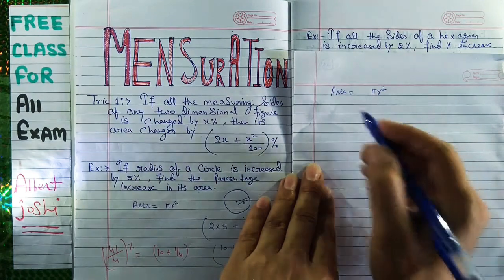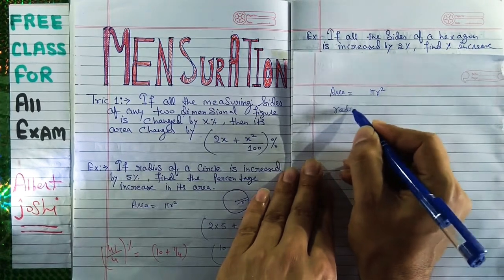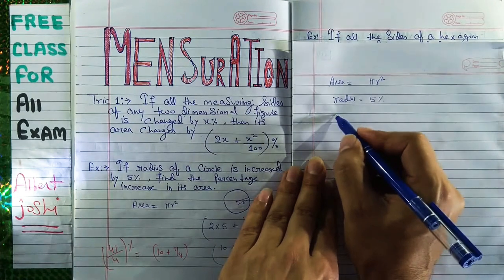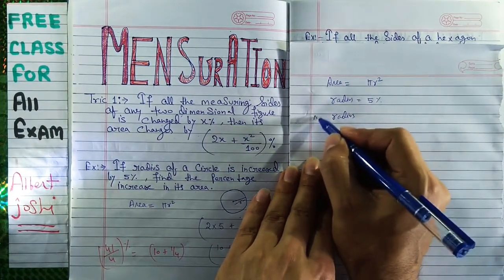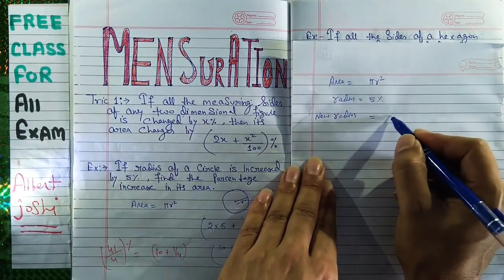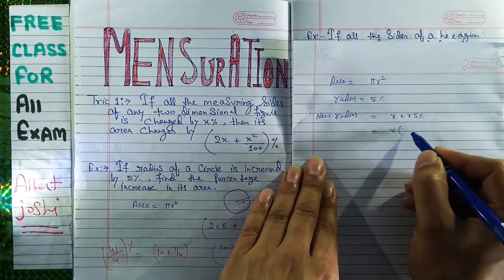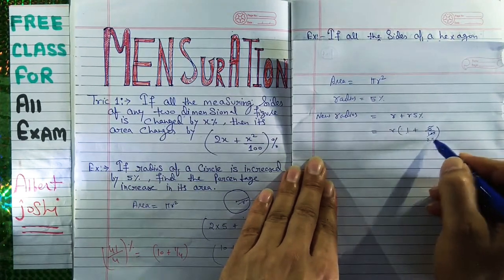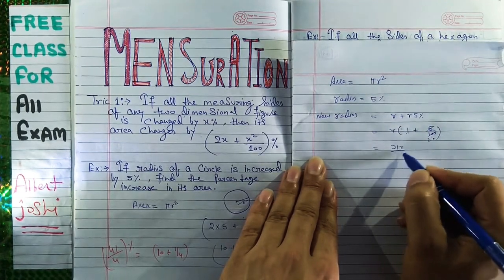If you increase the radius by 5%, the new radius is equal to r plus r times 5%. Then r common, plus 5 upon 100, that is 1 upon 20, and 20 plus 1 is 21. So this is 21 r upon 20.